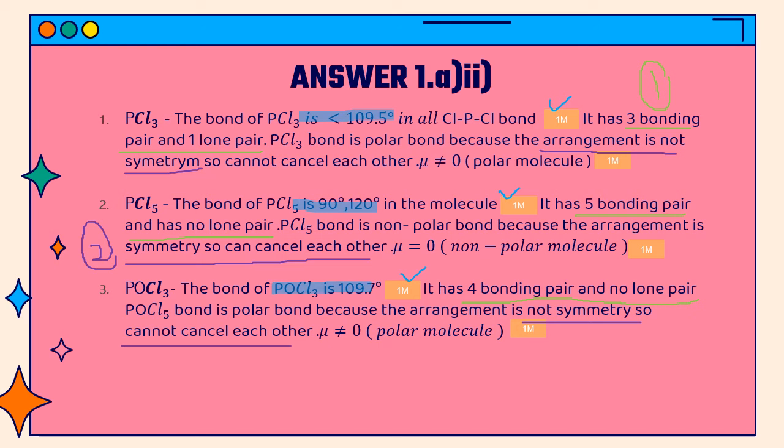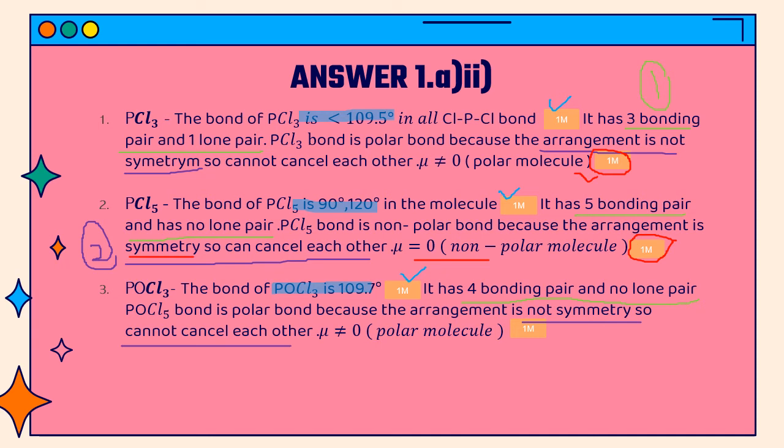So if the arrangement is not symmetrical, so mu is not equal to 0, which is a polar molecule, and then we get 1 mark. Okay. If the arrangement is symmetrical, so mu equals 0, so it is a non-polar molecule, we get 1 mark.